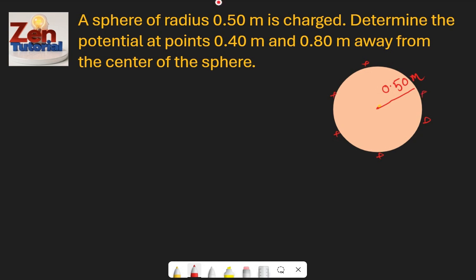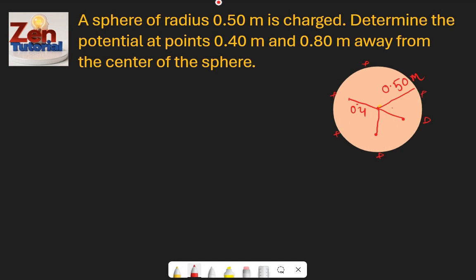Doesn't matter whether it is positive charge or maybe negative charge. That is not actually a very important issue for this problem. We have to determine the potential at the point from the center, up to this much, which is 0.4 meter.